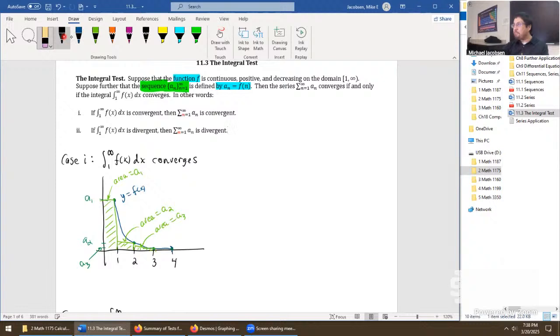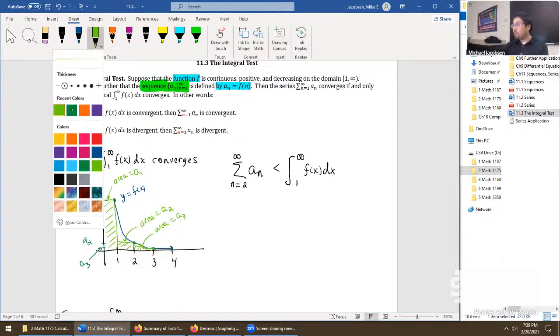I think I need to start my argument by saying the summation from n equals 2 to infinity of a_n is going to be less than the integral from 1 to infinity of f(x) dx. Seems kind of awkward. I would like to start at 1 because that's where this starts off, right? But really, the area under the blue curve starts off at a_2, then it's a_3, and so on. So I'm really forced to say my series starts right at that value.